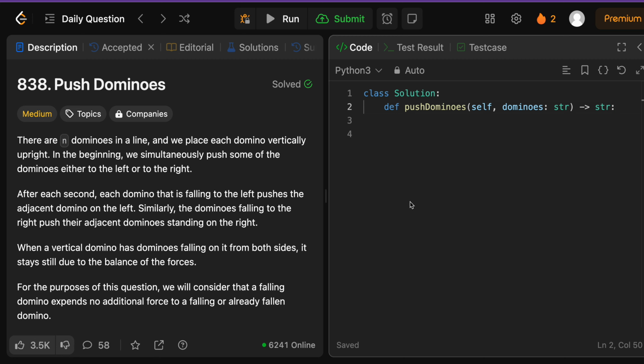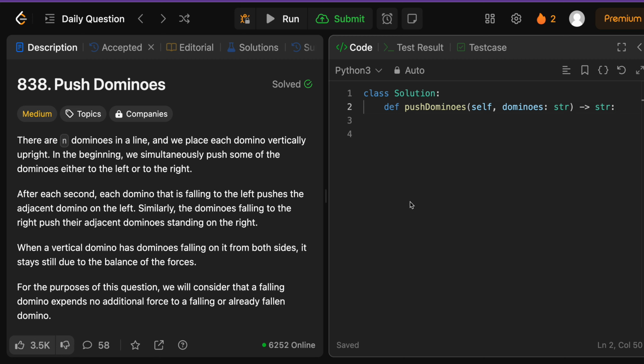And so we then have to compute the net force for each position using that logic, where if a positive R applies +3, and then L applies -1, we know that the net force would be +2, and since it is positive, we know that the domino would fall right, and so we'd have an R for that index or position in our output.